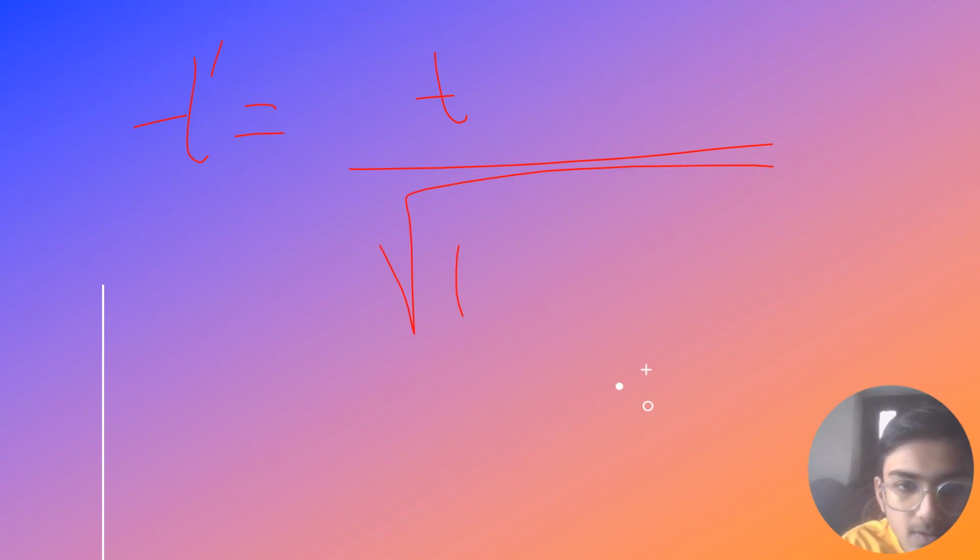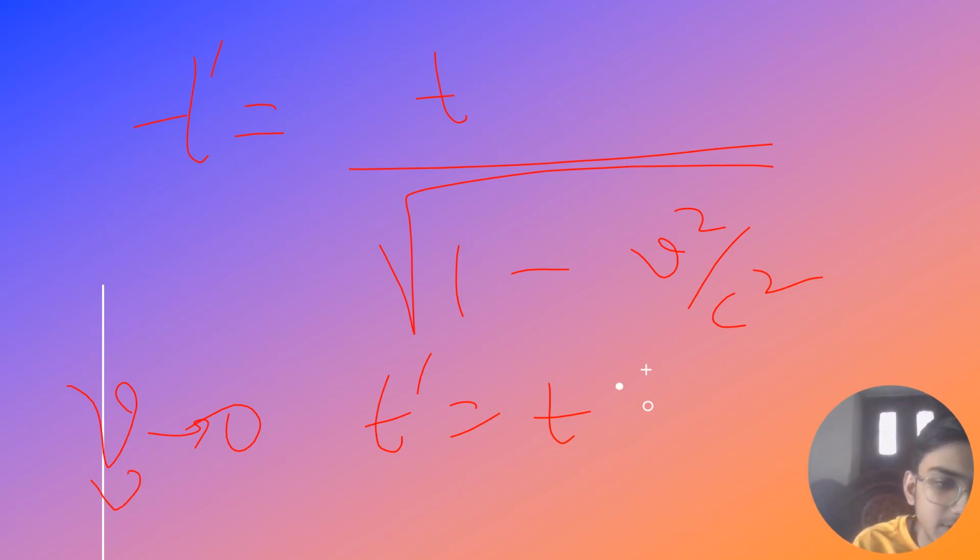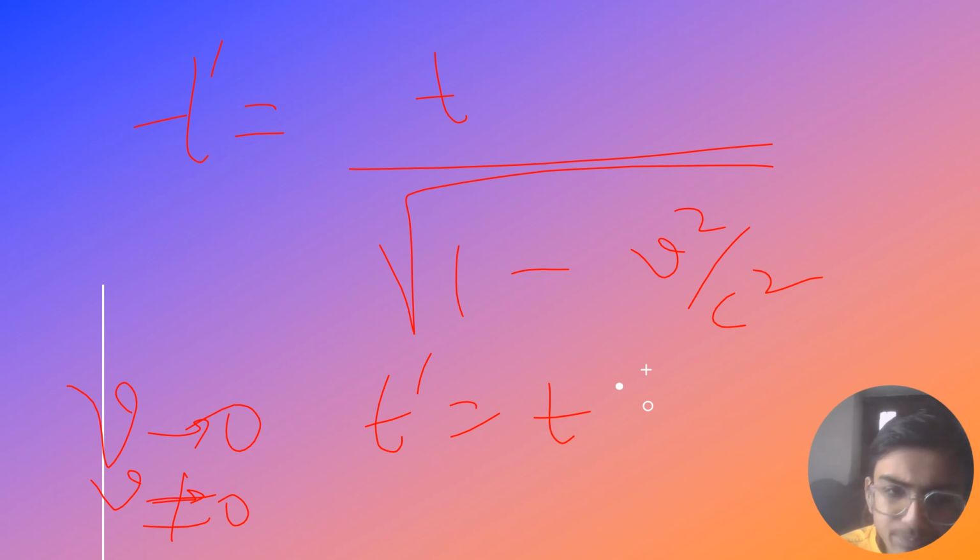Now, when velocity is equal to 0, when it is at rest, there is no issue whether you say t dash or t. It means the same. But when velocity is not 0, when it is some finite quantity, less than the speed of light, then we subtract from 1 this particular quantity, v square over c square.